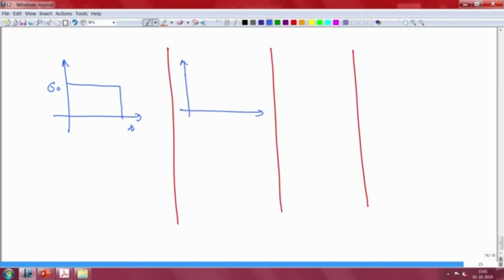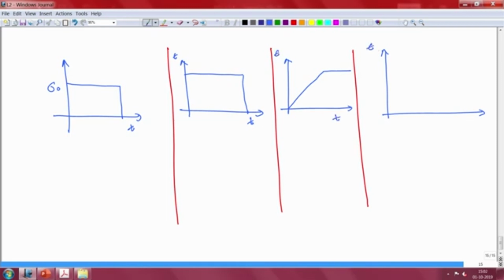So, in this case you have your epsilon t. Okay.